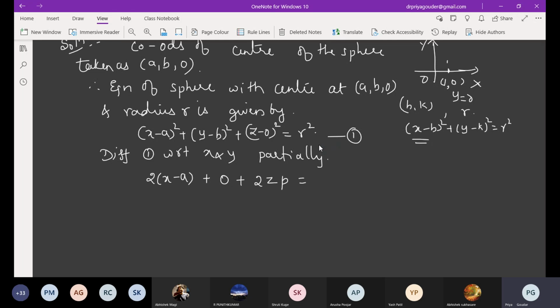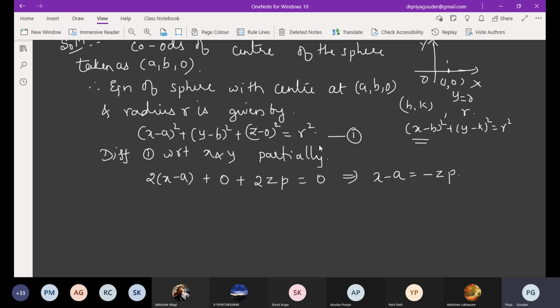Derivative of r square is 0, good, it is a constant. We have to eliminate a. Instead of a, what is easy here? x minus a. The value of x minus a is minus zp.